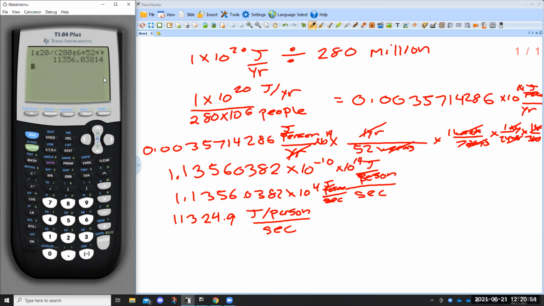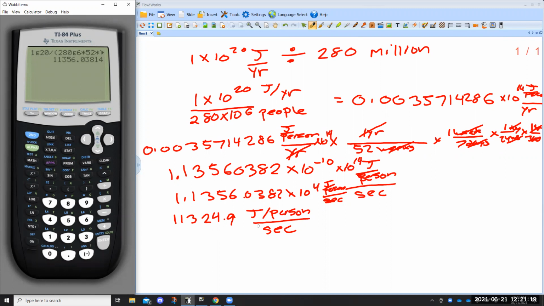I have to ask her about that one because I think this is a more exact answer. I don't think I got any of my conversion factors wrong here. There's 52 weeks a year, 7 days in a week, 24 hours in a day, 3,600 seconds in an hour.